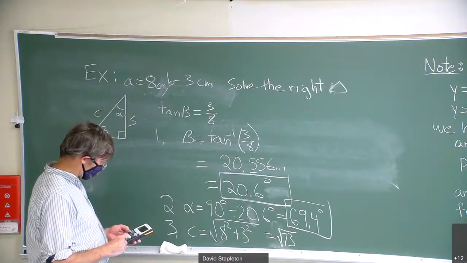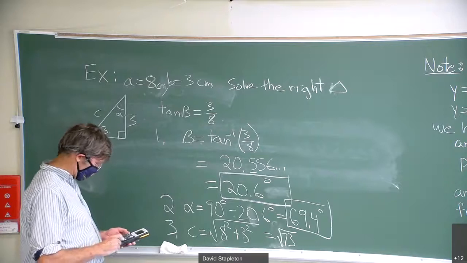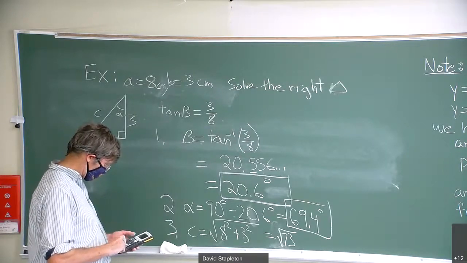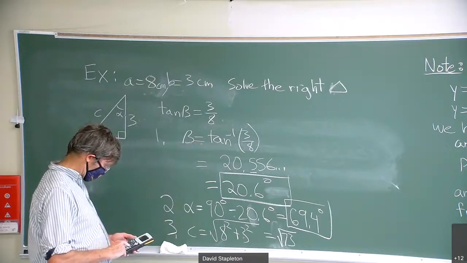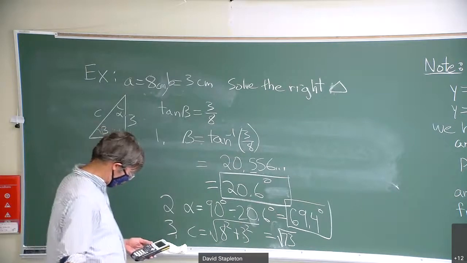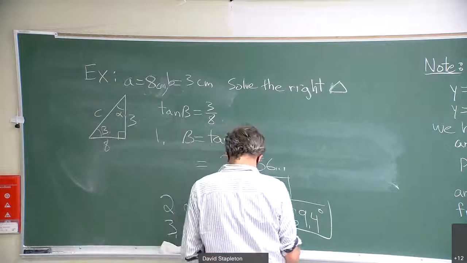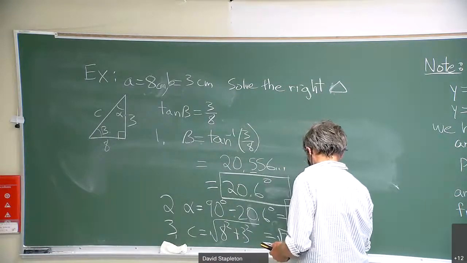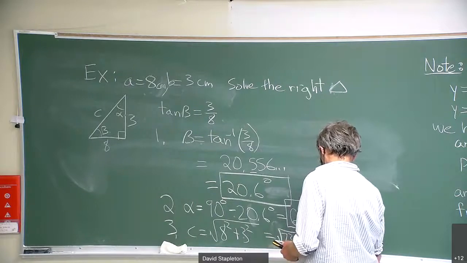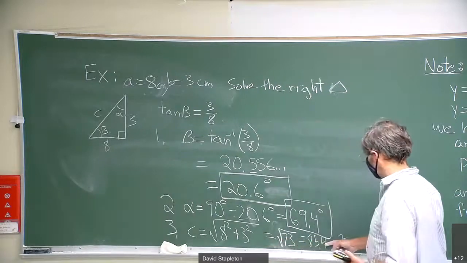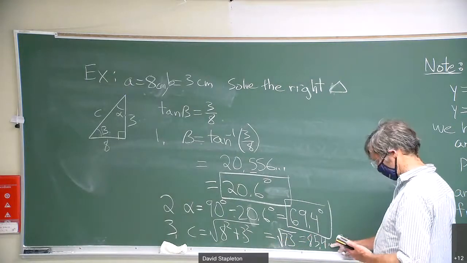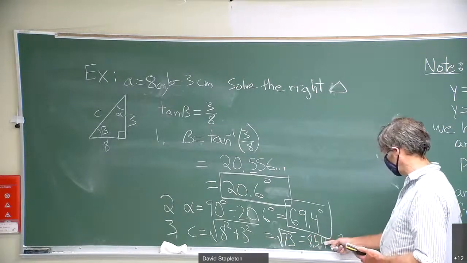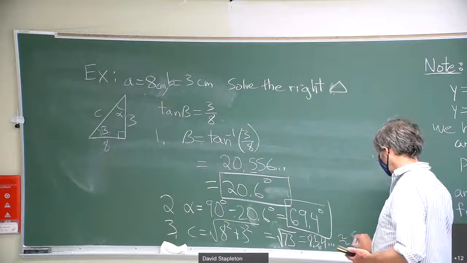However, here I've asked for nearest tenth, so you have to run it on the calculator and you say square root 73, close the parenthesis, and I got 8.54, etc. Since the next digit is 4 or less, I round it down to 8.5.